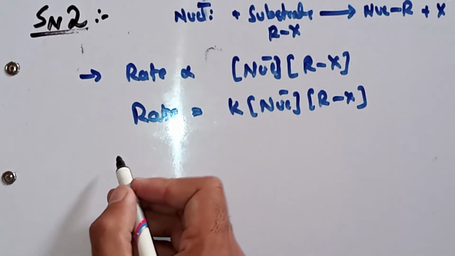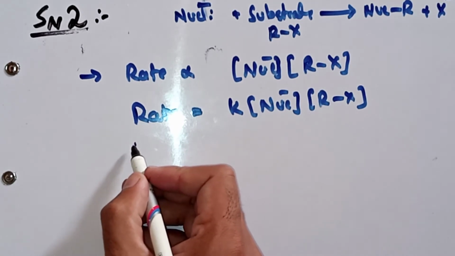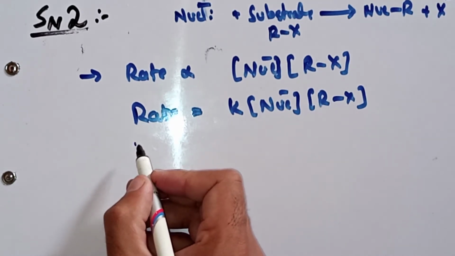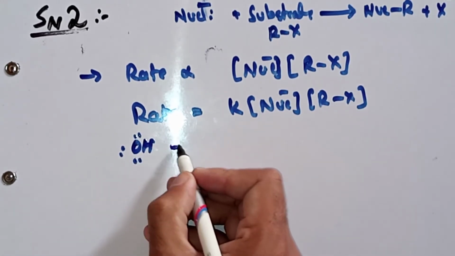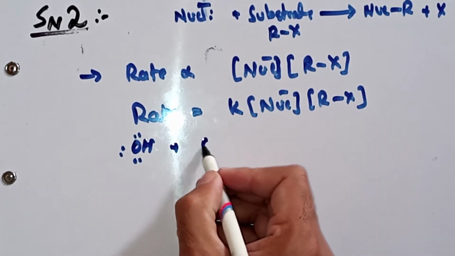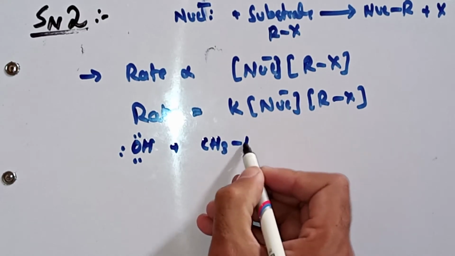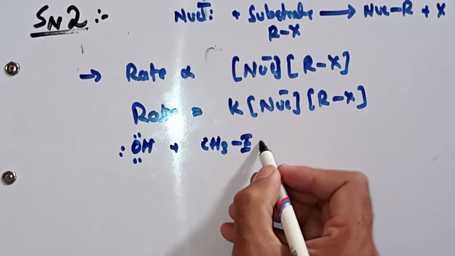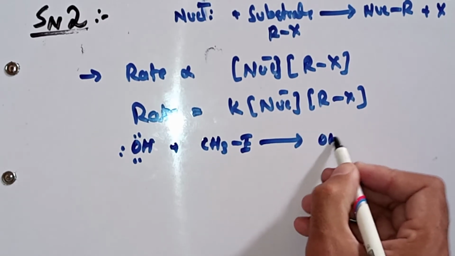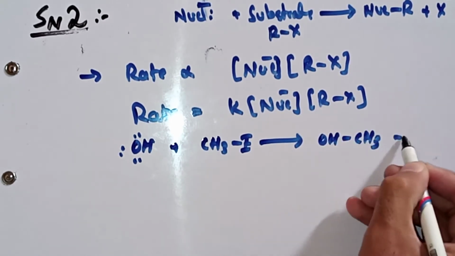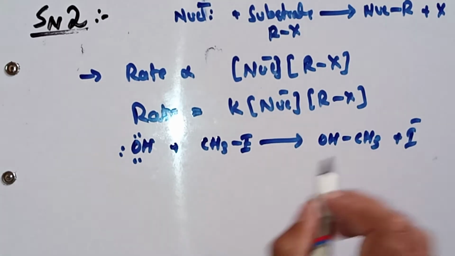Here is one example: when OH- is the nucleophile, plus methyl iodide used as the substrate, the product will be CH3OH plus iodide, which is the leaving group.